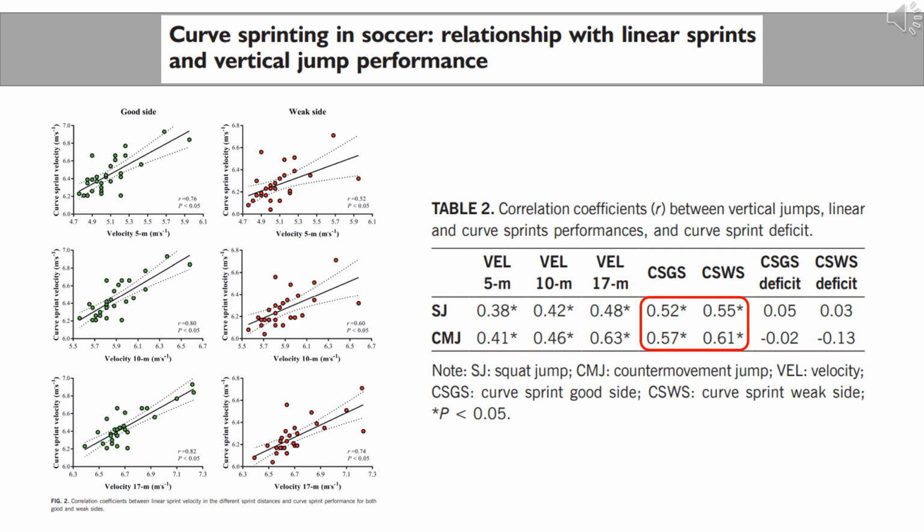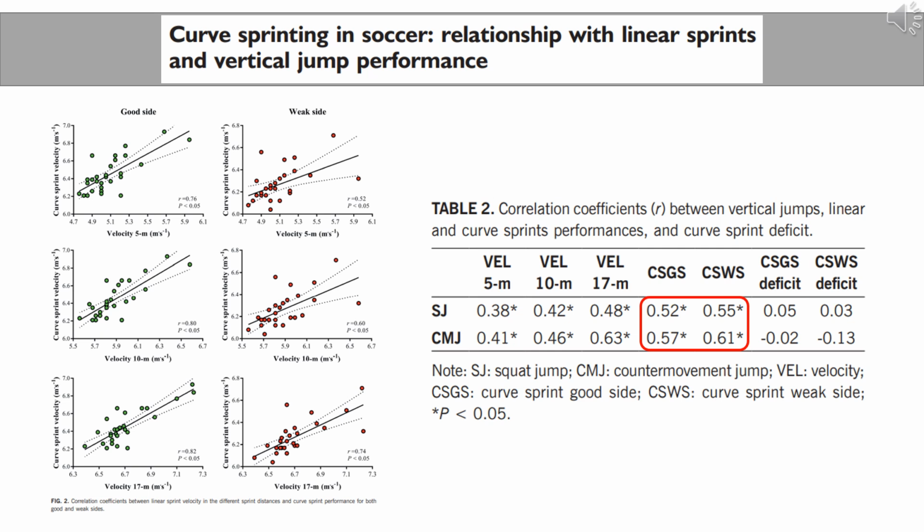between the speed that you go at in a curve sprint test and the speed that you produce in a linear sprint test. If we move across to table 2 now, we can see that velocity during the curve sprint test on the good side and the weak side was also being correlated with how high athletes jump on the squat jump and counter movement jump test.